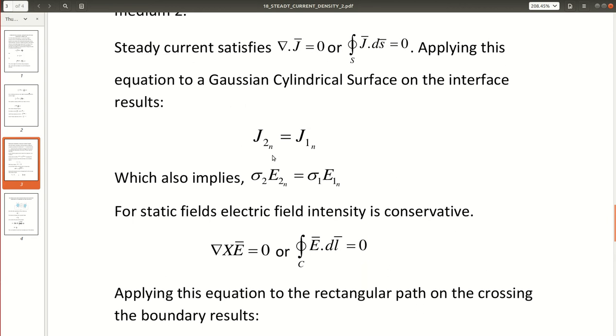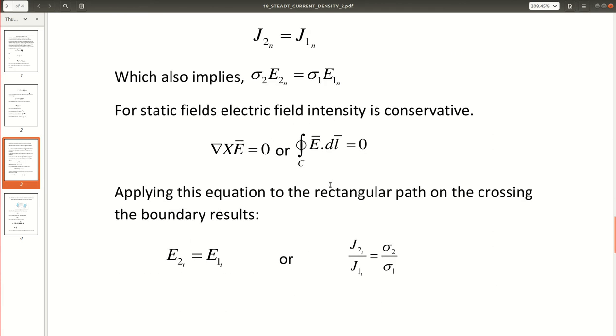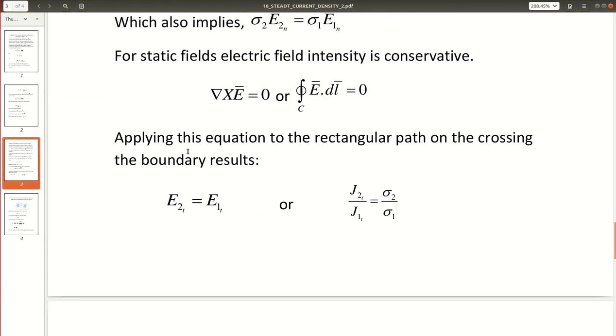J2n is equal to J1n, which implies that rho 2 E2n, the normal component, is the same as from the first to the second. Applying the equation to a rectangular path, the tangential field is the same, and J2t over J1t is equal to rho 2 over rho 1.